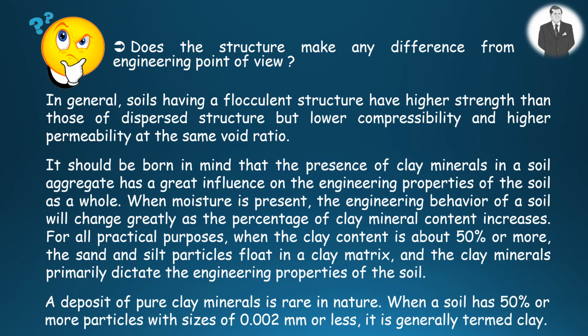A deposit of pure clay minerals is unlikely in nature. When a soil has 50% or more particles with sizes of 2 micron or less, it is generally termed clay. Although it is termed clay, the proper name should be clayey soil.